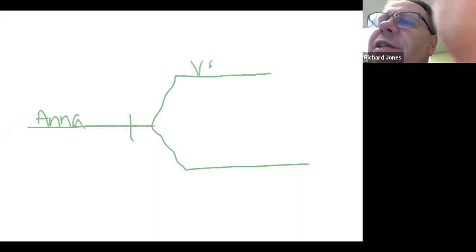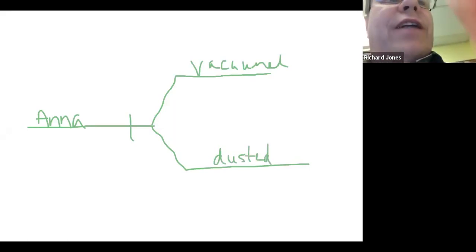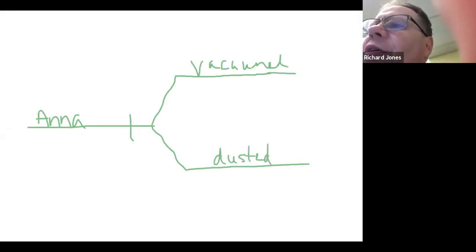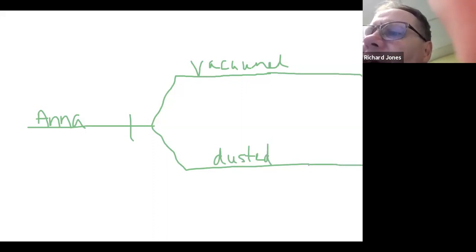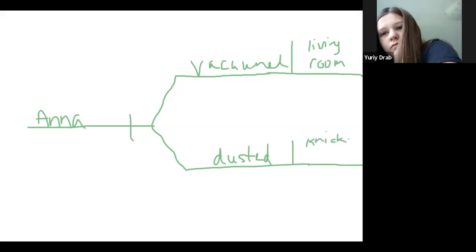Vacuumed would go on top because that's the first one, and dusted would be on the bottom. Both of these have direct objects, so we'll stretch this down further and put a vertical line. This one would be living room, and the bottom one would be knickknacks. I'll just make it a hyphenated word.